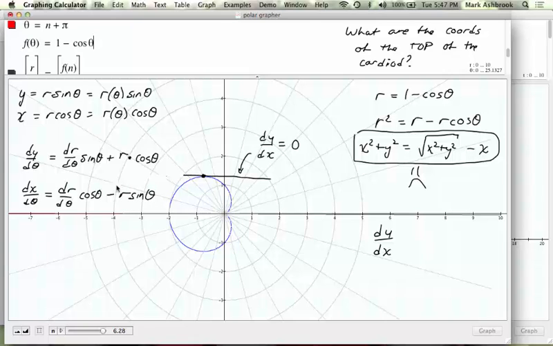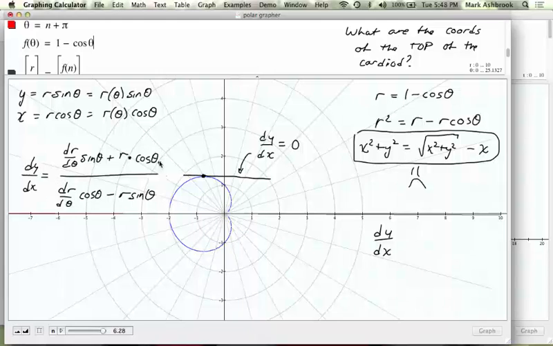So then dy dx is what? Ratio. So this ratio right here, and we need now to get our highest point on the cardioid, which is where that tangent is 0.